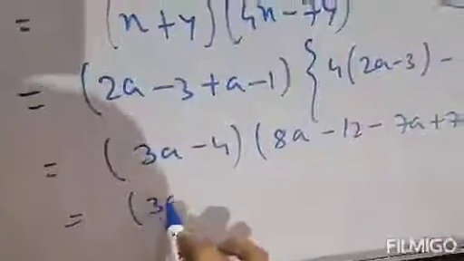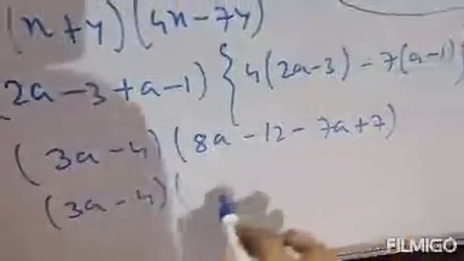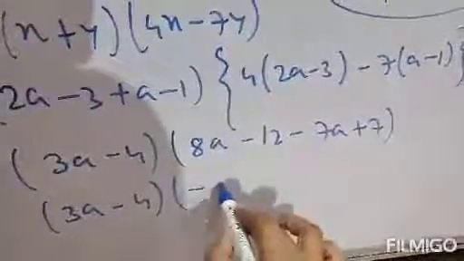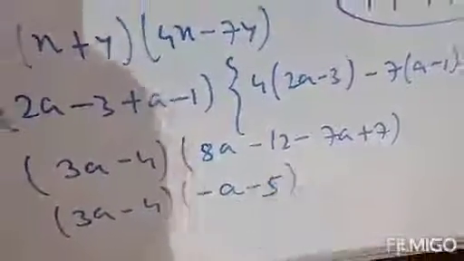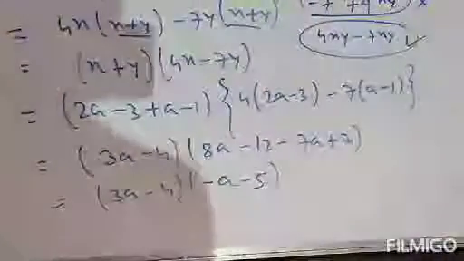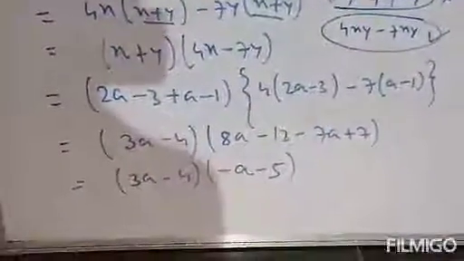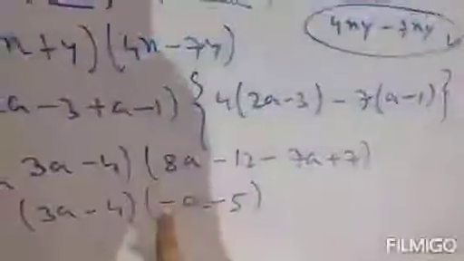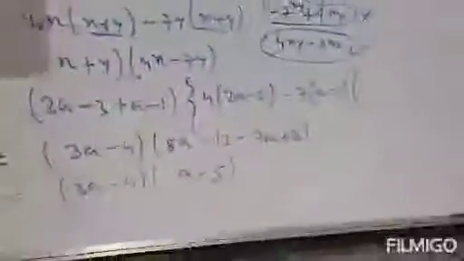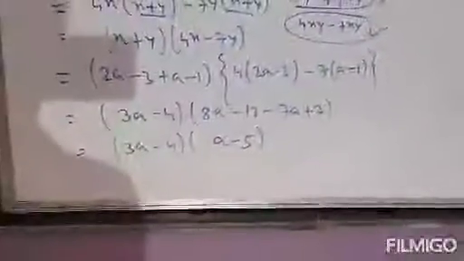So this becomes (3a - 4)(8a - 7a, that is a, and -12 + 7, that is -5). So this is (3a - 4)(a - 5).